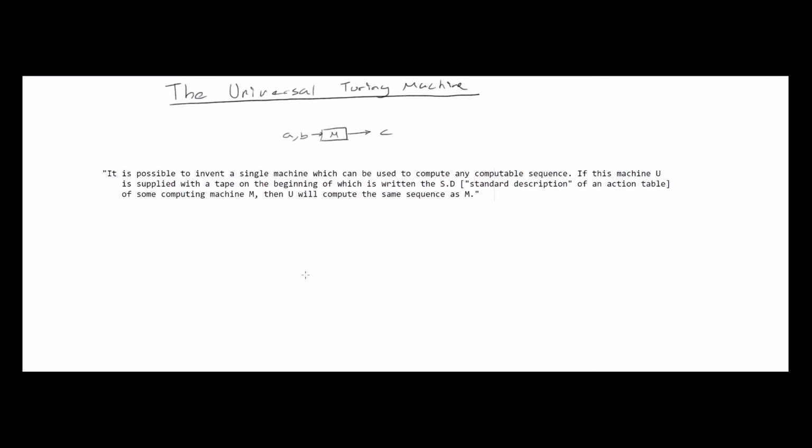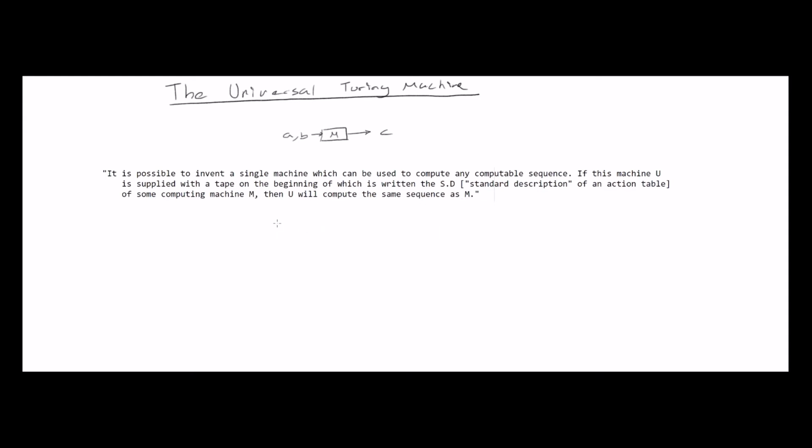So here I've got the text of what Turing actually wrote in his 1936 paper. It says here, "It is possible to invent a single machine which can be used to compute any computable sequence. If this machine U is supplied with a tape on the beginning of which is written the standard description of an action table of some computing machine M, then U will compute the same sequence as M."